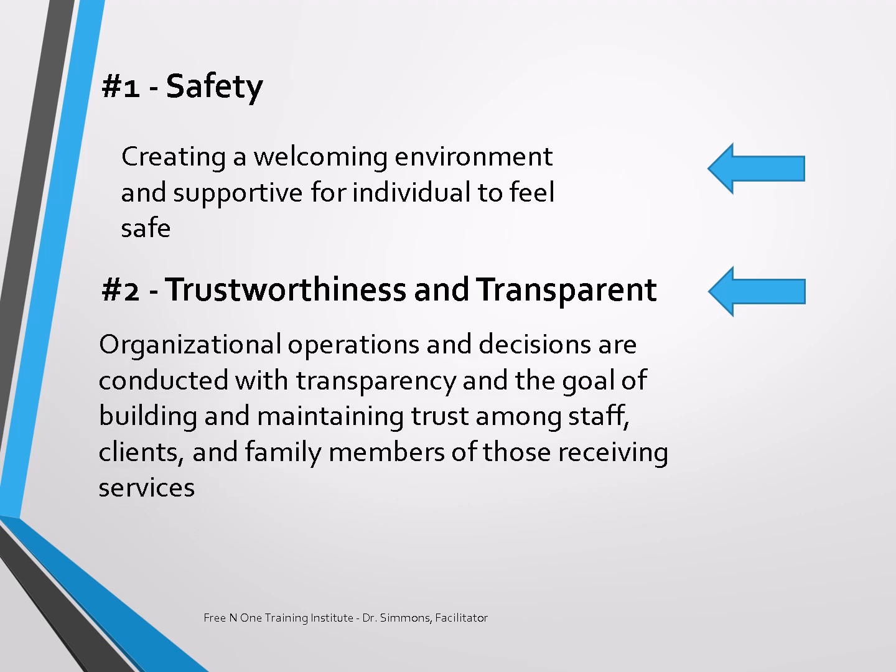You can show the operations, and you can be transparent on the goals and the trust of the staff and family member receiving services. The way you develop it is that you don't just tell them the rules, but you explain the rules so that they will understand what you do and why you do it, because that means you're transparent.